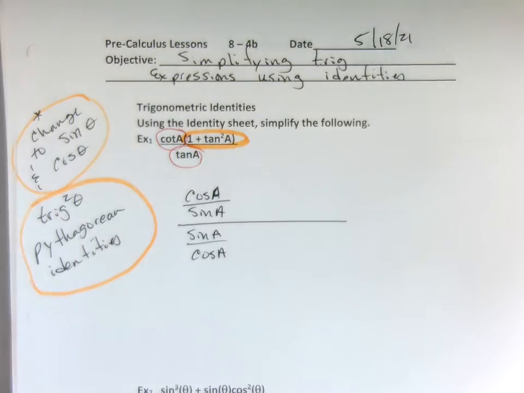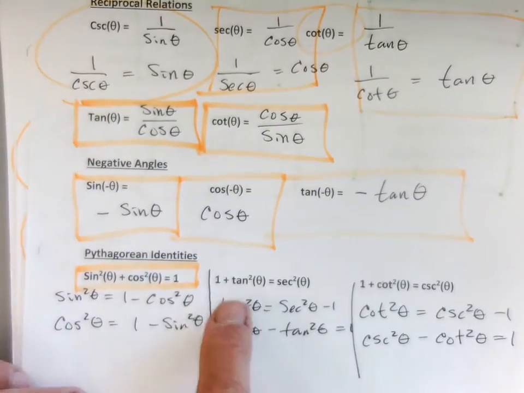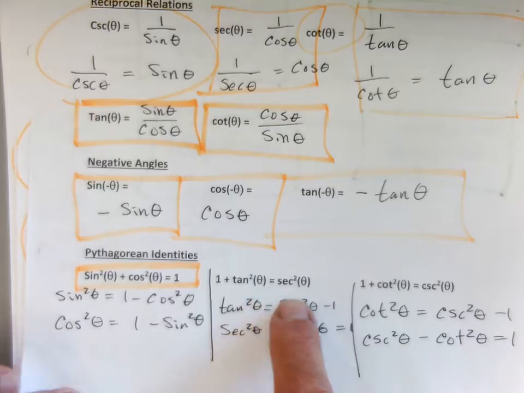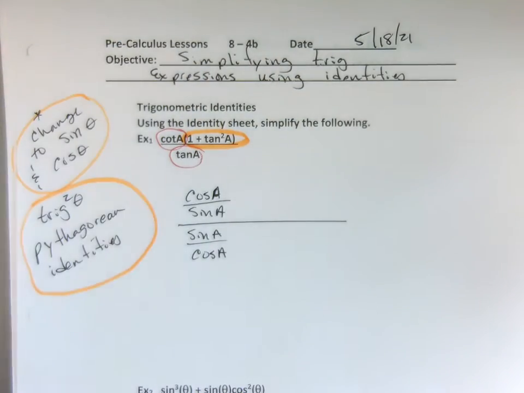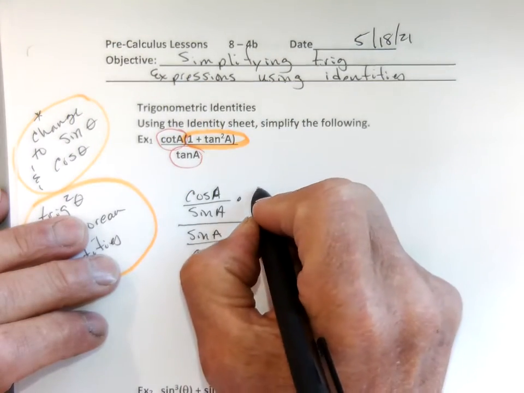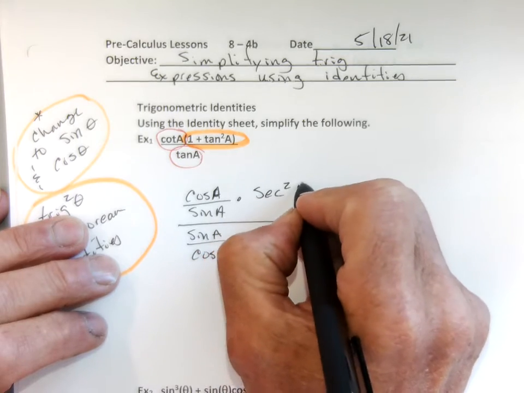That's equal to a secant squared, okay? Let's see if that's going to help much, okay? Times a secant squared of A, all right?